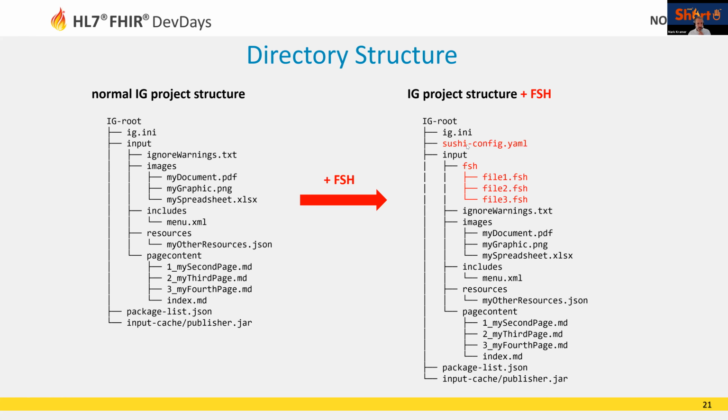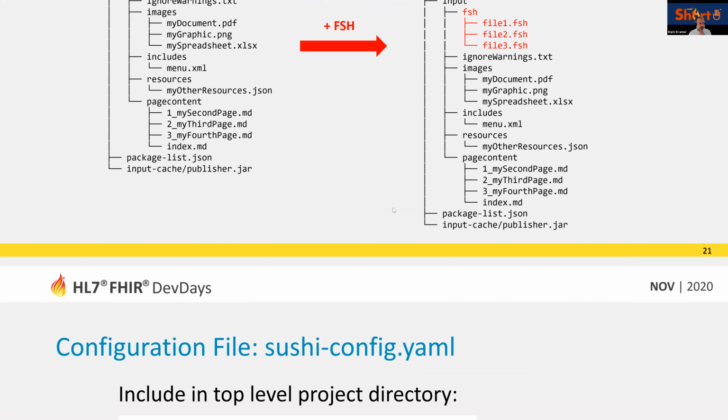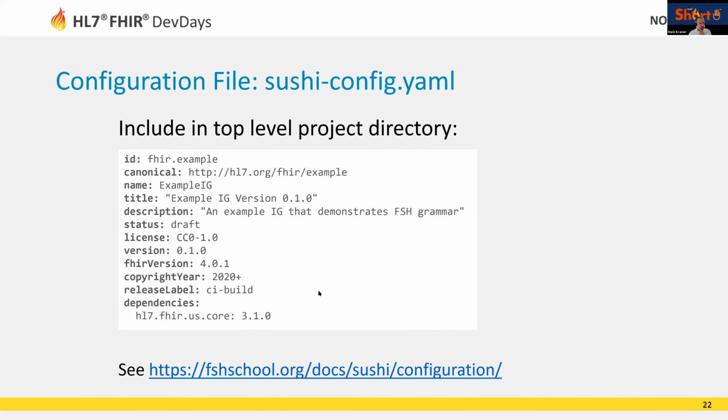And then one more file, which is called sushi-config. It's a YAML file, if you know that syntax. So you just maintain exactly what you would do anyway and just add your FSH files to that structure. And here's an example of the sushi-config. Again, you can read about this on FSH School. It has some metadata about how you're going to build your IG.